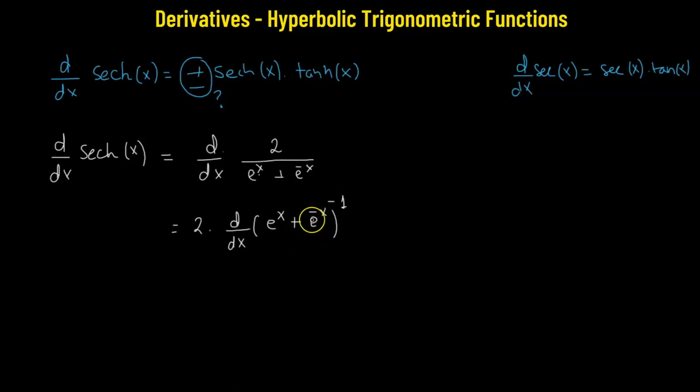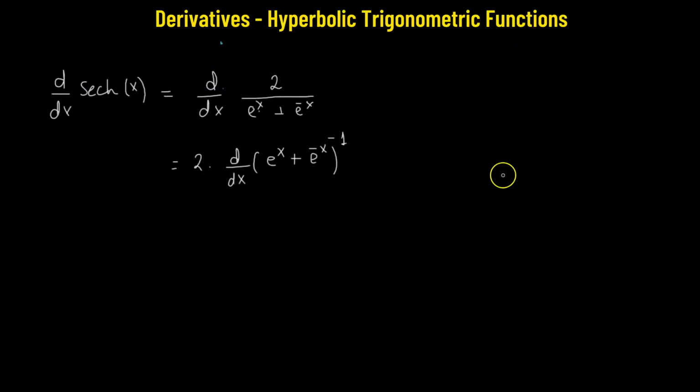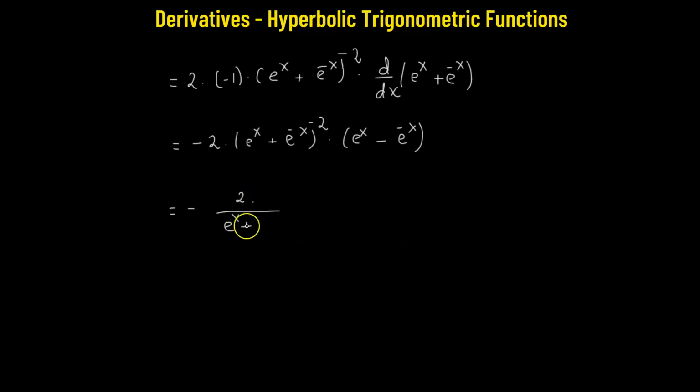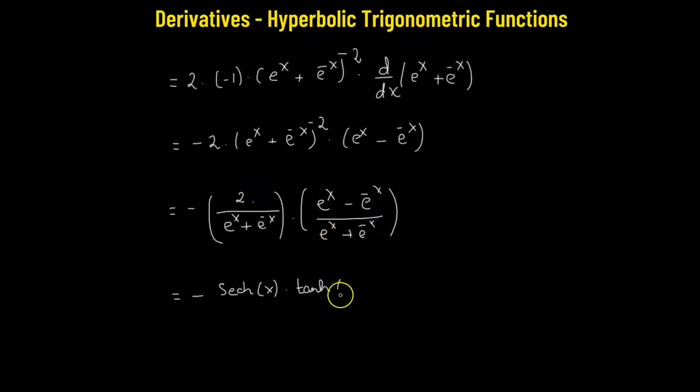So let's use the chain rule and the power rule in conjunction to find the value of this derivative. So that means there will be a negative sign here. So this is something worth remembering.